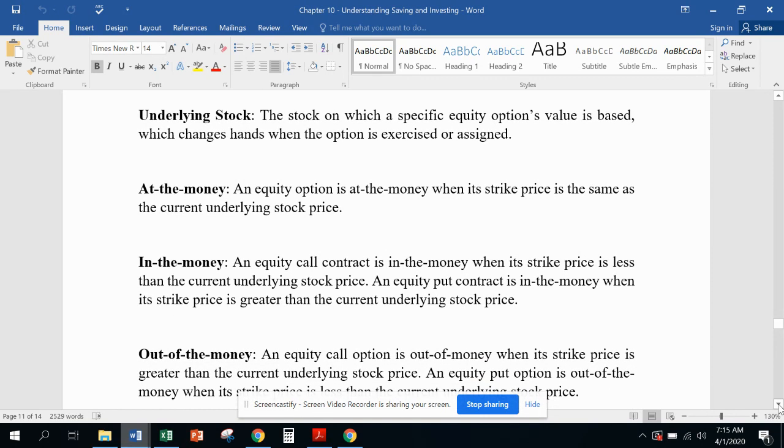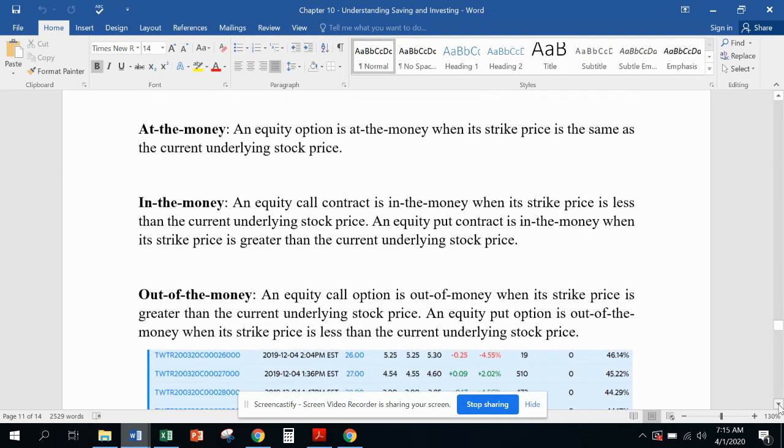Now, at the money means the strike price on my option is the same as the current market trading price. So if Apple was trading at 255 and I had a 255 call on Apple, that would be considered at the money, because there's no benefit from either exercising the option or just buying in the open market. We get the same price.